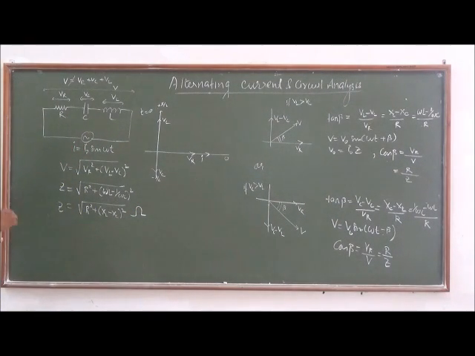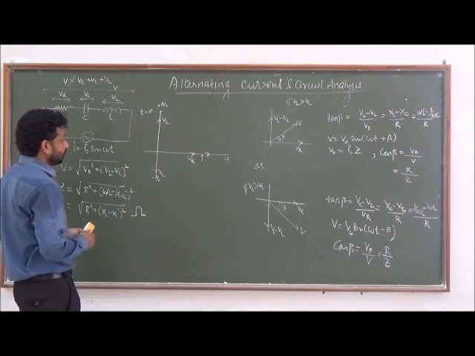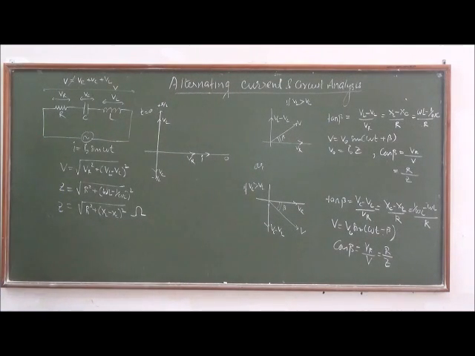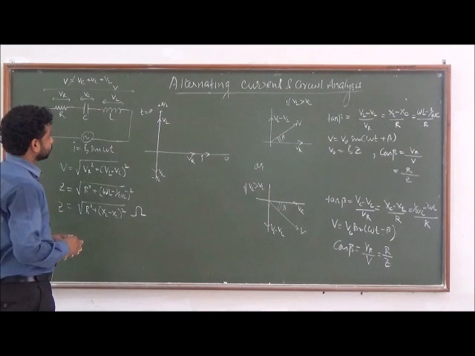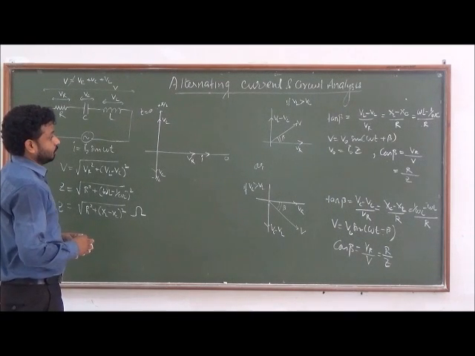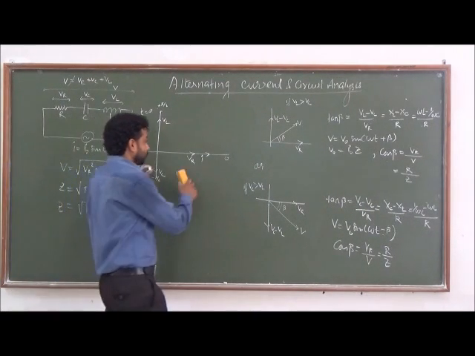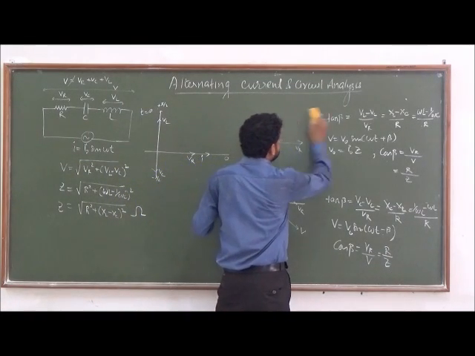Okay. Now I was saying, what if VL becomes equal to VC? Let us try to see that. So let me rub this part because I need this space.